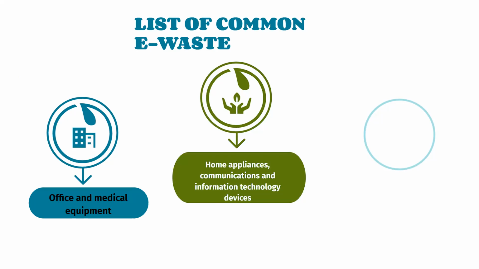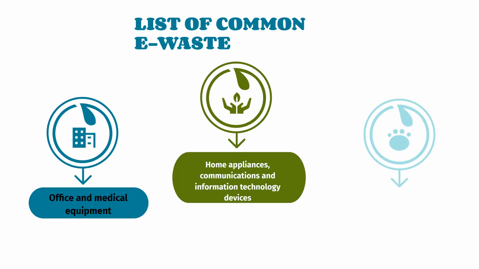Along with home appliances, we have also communication and information technology devices. Examples, cell phones. Okay, they have practically replaced all the other systems. The world, especially in the pandemic, the education system was working on cell phones, the smartphones, the desktops, the laptops, circuit board, hard drives, pen drives, and so on.